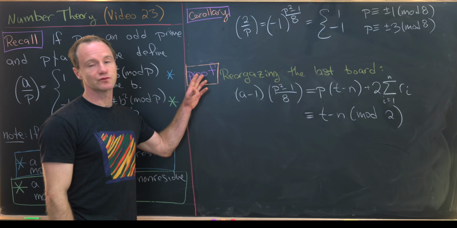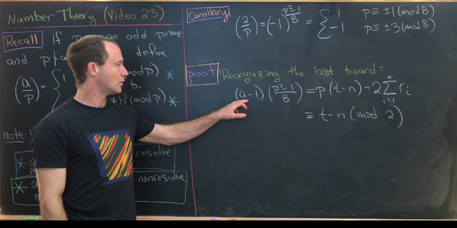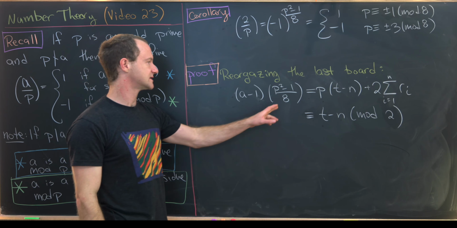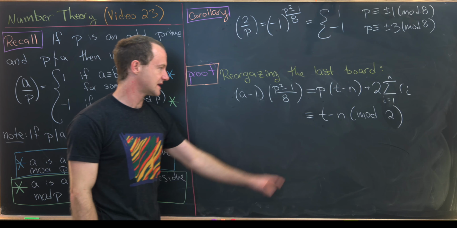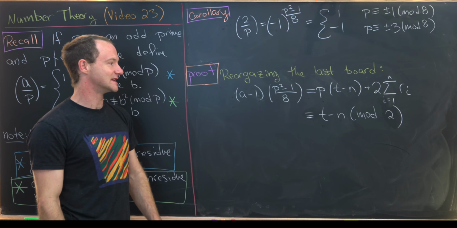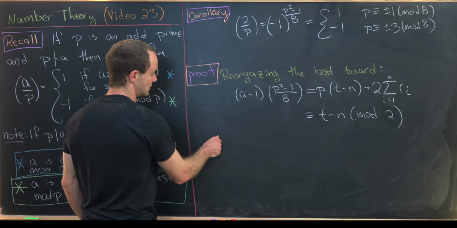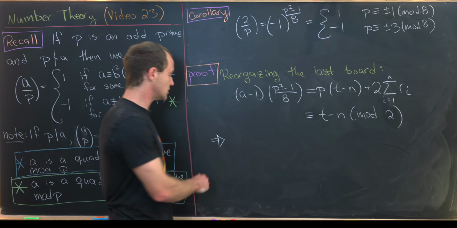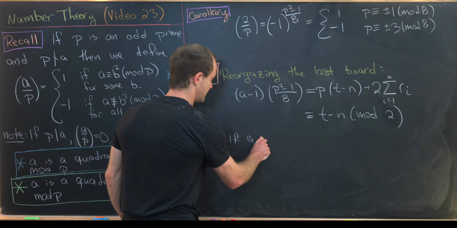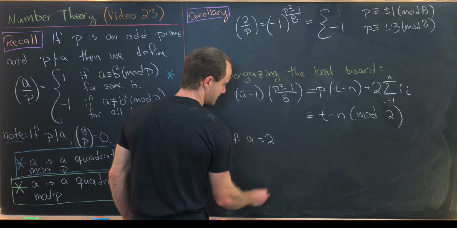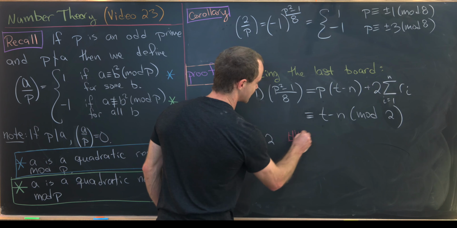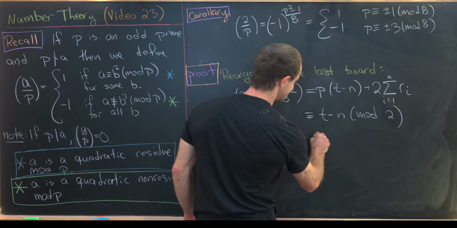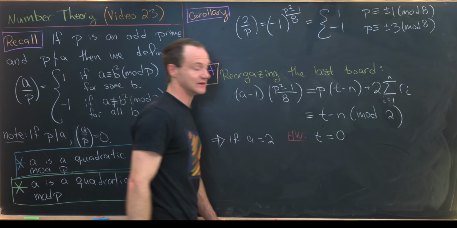Okay, so just to reiterate where we were before, we had that (-1)^((p²-1)/8) is congruent to t minus n mod 2. But now notice if we set a equal to 2 right here, then a couple of things happen. One thing, which I'll leave as a homework exercise, is that t becomes 0.